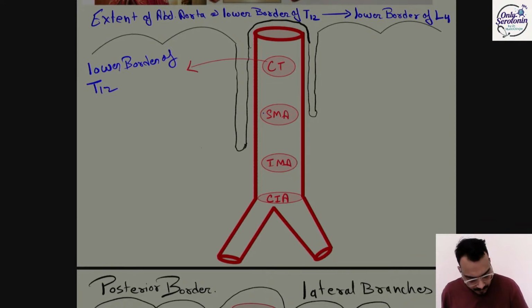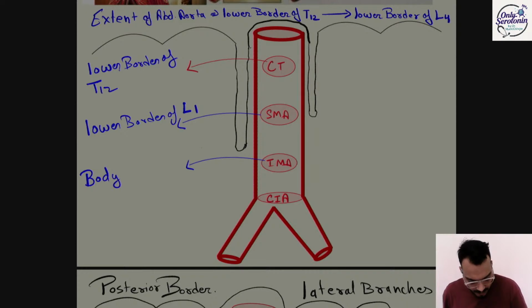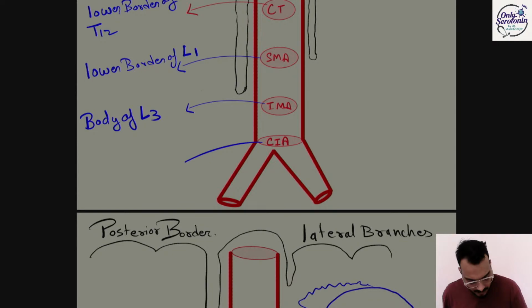The superior mesenteric artery is also present at the lower border of L1. The inferior mesenteric artery is not present on the lower border, guys. It is present on the body of L3. The common iliac artery is present again on the lower border of L4.